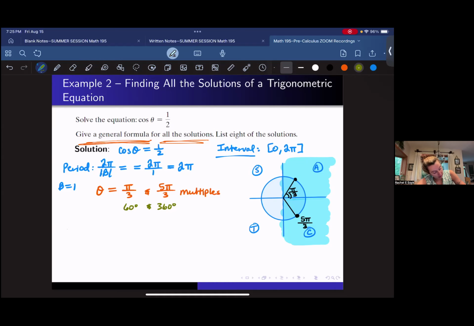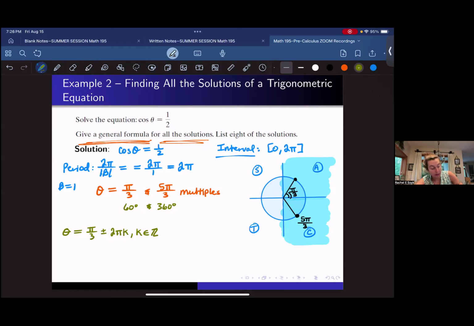We can just state, okay, well, theta is equal to pi over 3 plus or minus our 2 pi k, where k represents any integer. And remember, integers are any positive or negative whole numbers and 0.